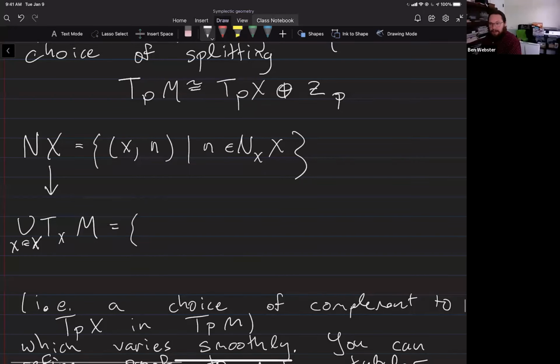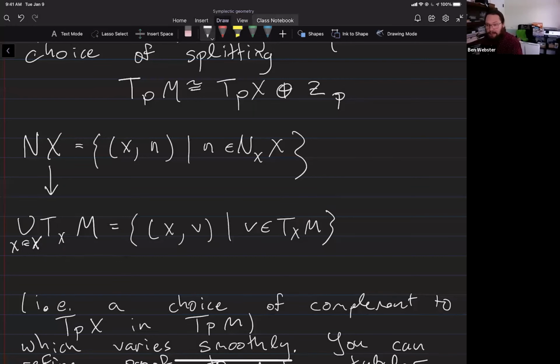And when I do that, I have to choose an embedding of the normal bundle into the whole tangent space. There isn't a canonical way to do that because the normal bundle is defined as a quotient. Right? So I have to construct a map like this, and then I hit that with the exponential map.